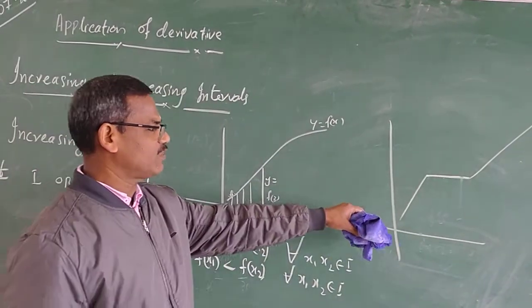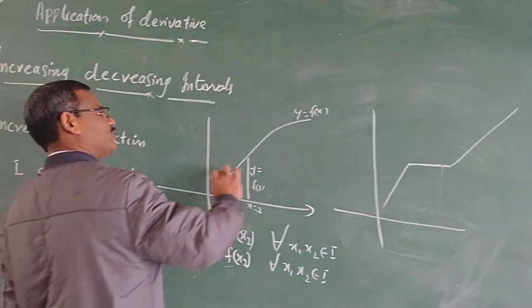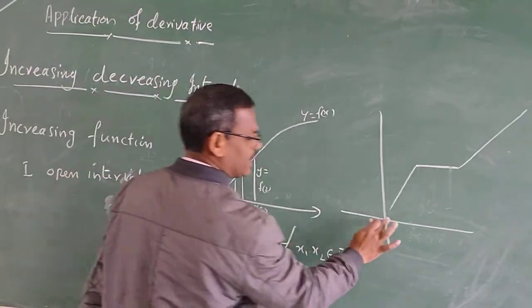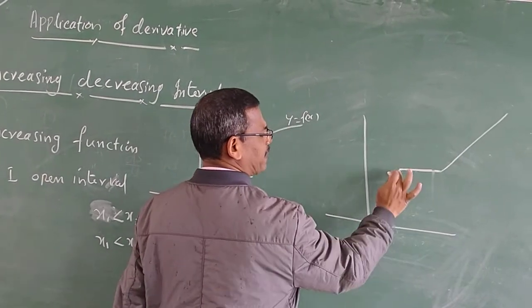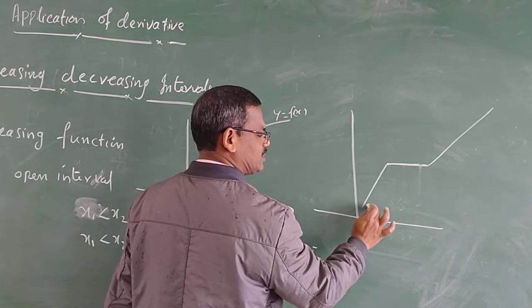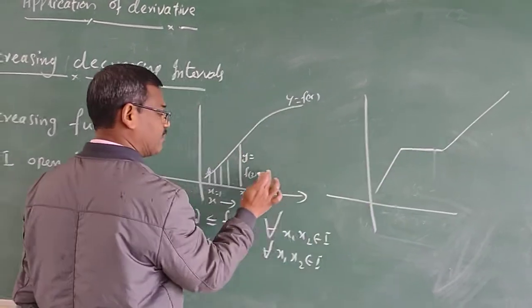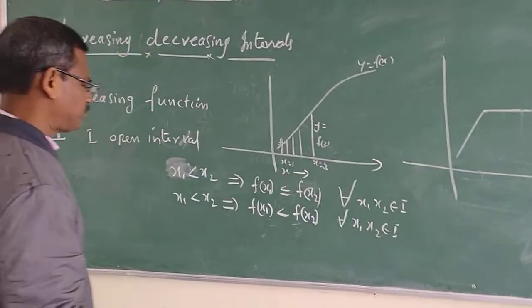So this is the figure showing strictly increasing, because whenever x increases, y also goes on increasing. Here, when x increases, sometimes the y value is coming as equal only. So this is the figure for increasing, this is the figure for strictly increasing.